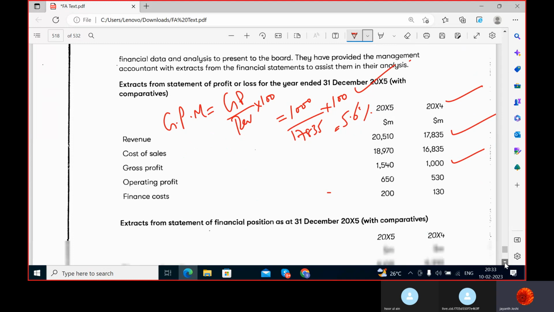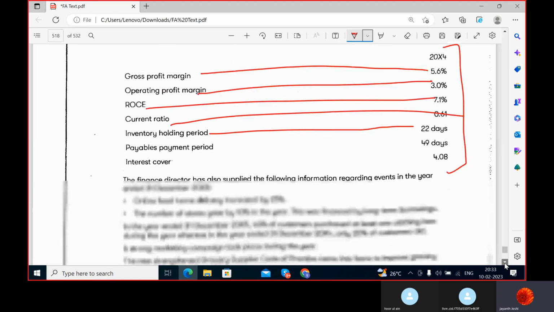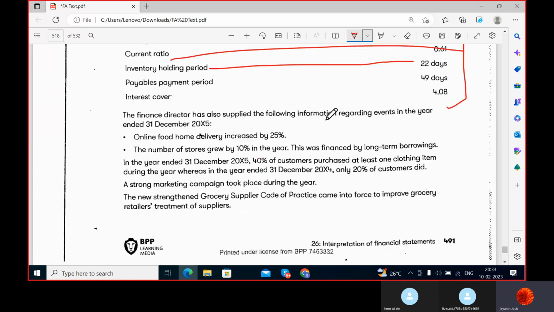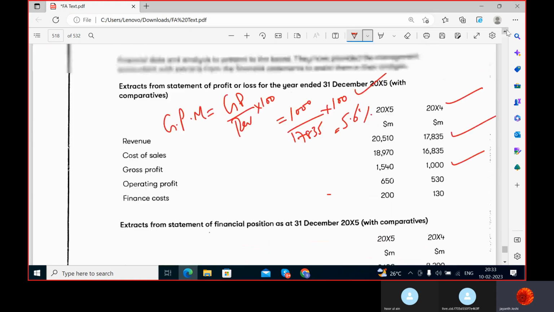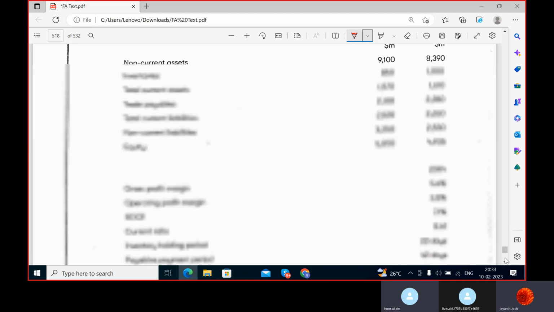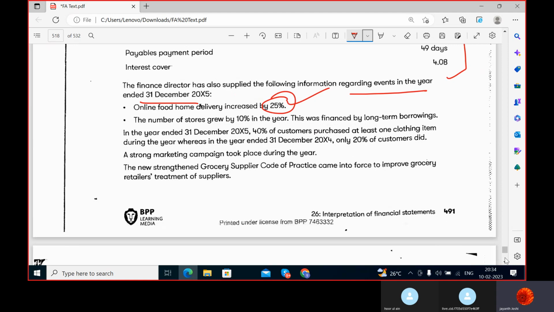Now we'll also see the question. The finance director has supplied the following information regarding events in the year ended 31st December 2005. Online food home delivery has increased by 25%. Based upon these figures, they have given the current year figures also, and you can see clearly the previous sales were 17,835.